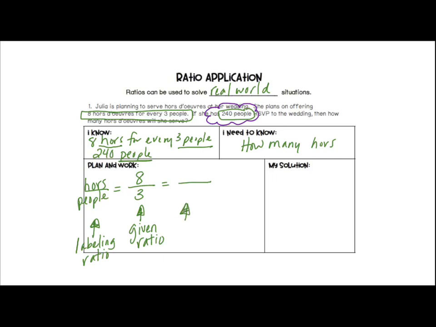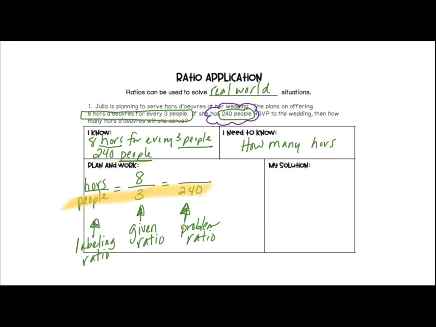This last ratio is what I call the problem ratio, where they only give us one part of it and we have to solve for the other. Well, we know there's 240 people. So I keep all of my information regarding people down in the denominator of these ratios, so that way my work stays organized.